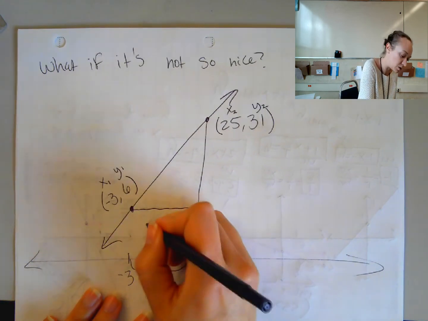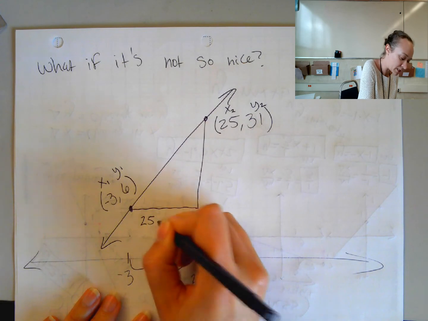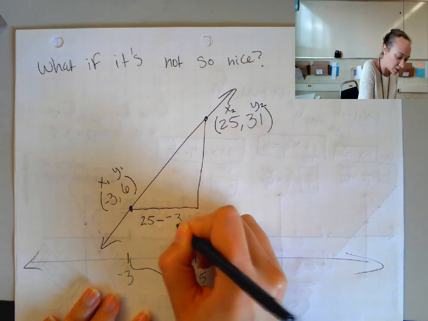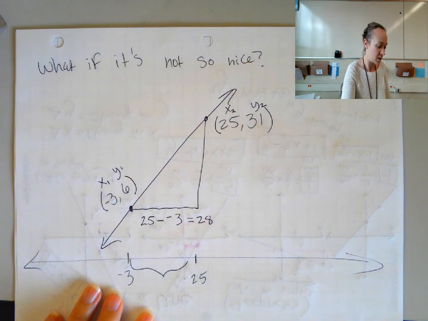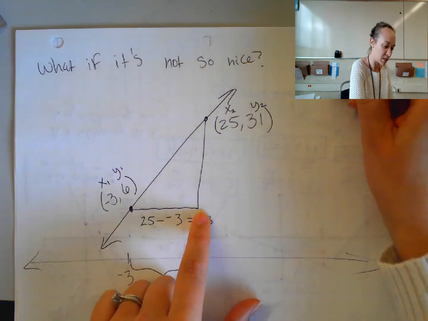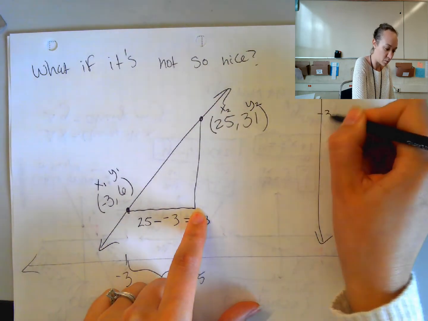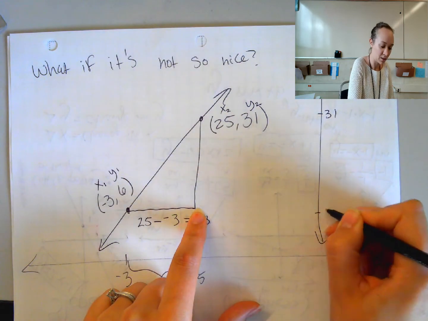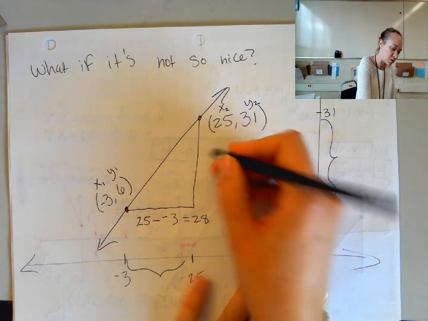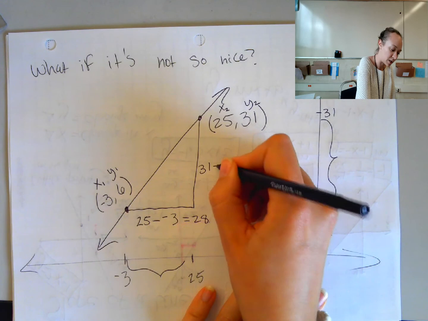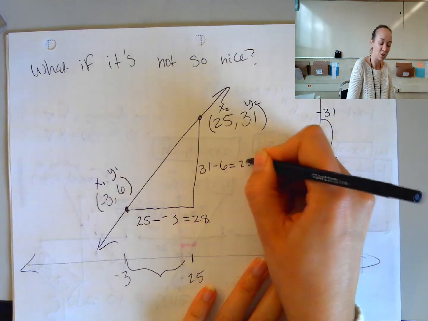So I can do 25 minus -3 gives me 28. And then for my y values, same idea. I'm trying to figure out how far apart are 31 and 6. What's that distance in between there? So I can do 31 minus 6, and that gives me 25.